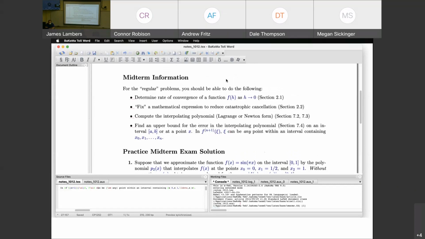I don't know if this is, you'll have to tell me, but at least maybe work a similar problem: fix a mathematical expression to reduce catastrophic cancellation. That is certainly one on the homework. That's the one I was about to ask about. But I realize that not everybody's at the same point of homework. For example, algebraic manipulations, like if it involves square roots, multiplying and finding a conjugate.